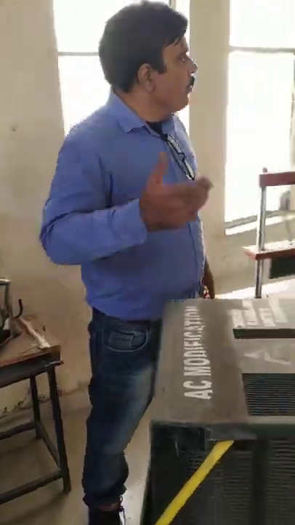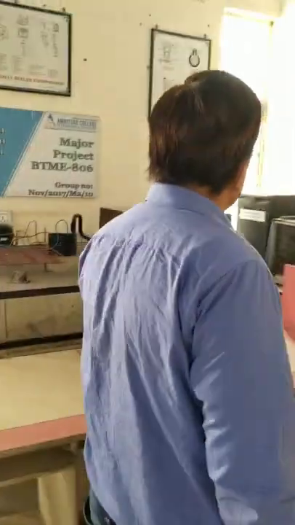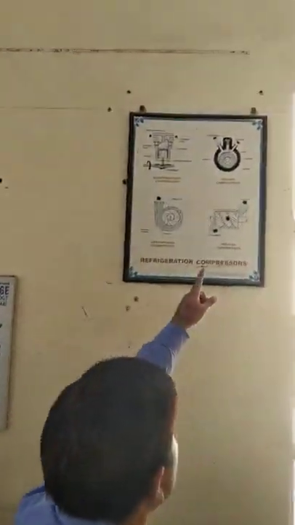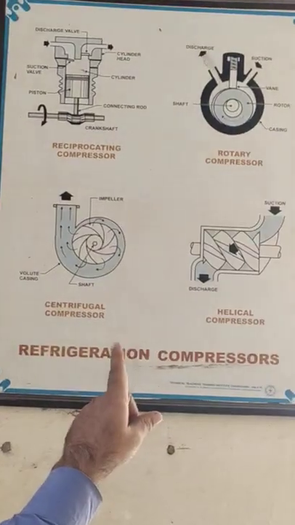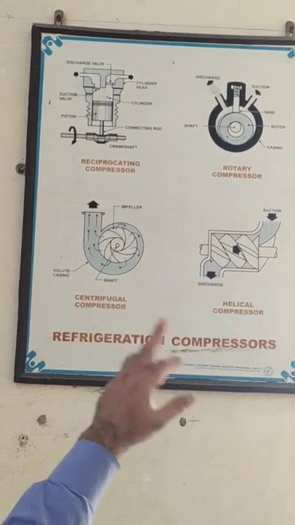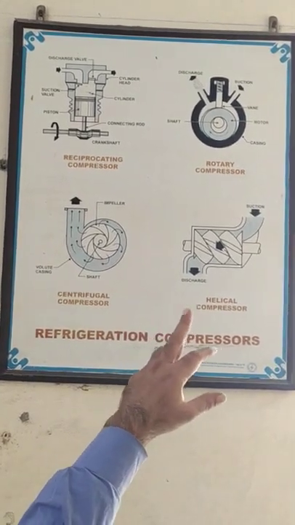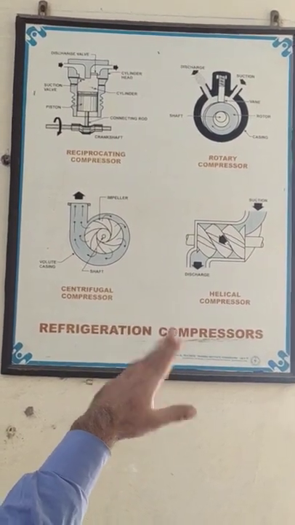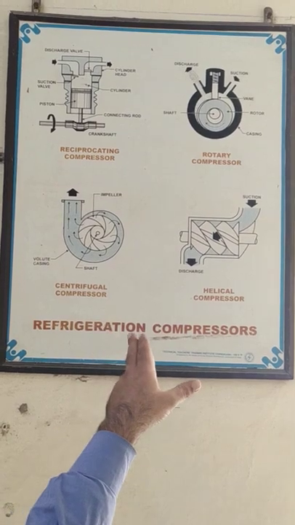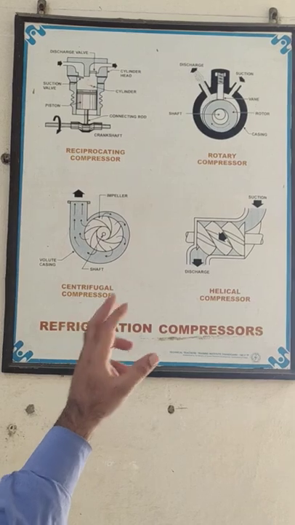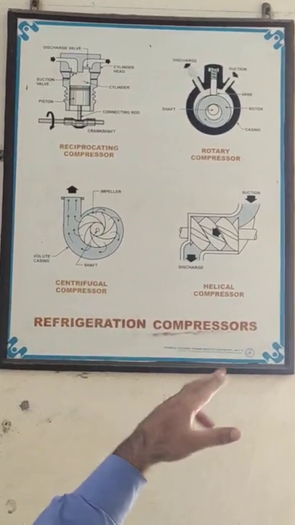Next we have the rotary type of compressor. Look here on this chart. In this compressor we have the casing, rotor, vanes, suction and discharge, and shaft. When the rotor rotates around the shaft, the fresh charge comes inside the cylinder arrangement, and when the rotor rotates, it compresses the charge.